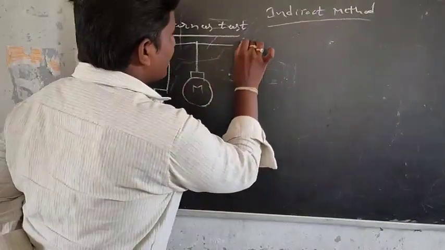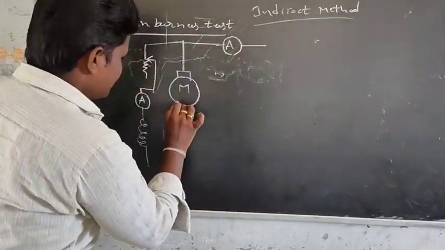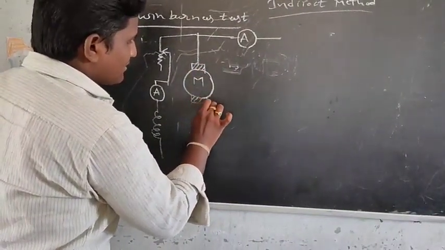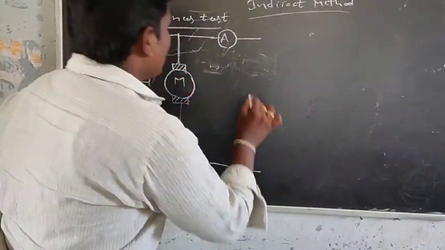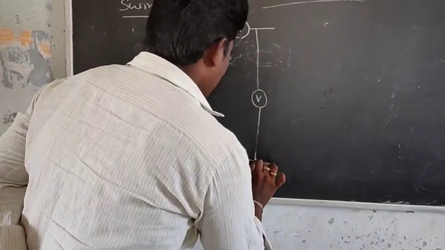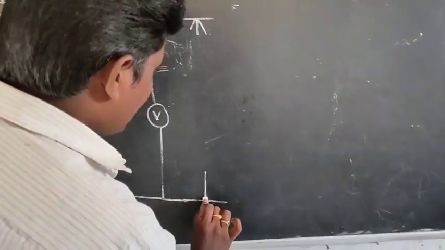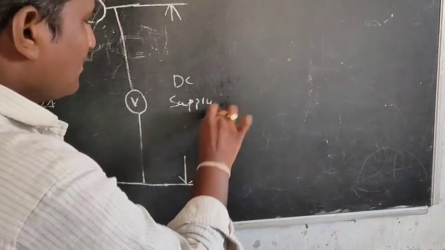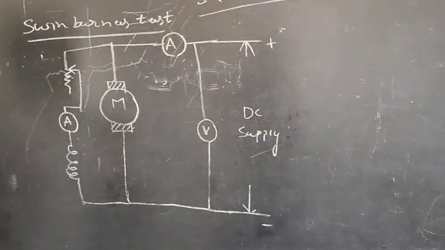Same like that, connecting another ammeter. These are the brushes. And also connect one voltmeter. This is a motor, so we give a DC supply, positive and negative.